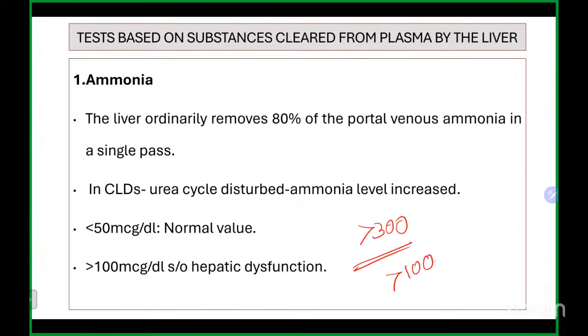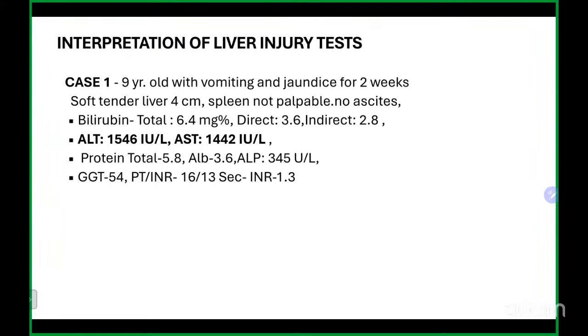More than 100 is definitely abnormal. 100 to 300 is a gray area, which can be a diagnosis like transient hyperammonemia of the newborn or transient metabolic problems giving rise to hyperammonemia. May not be a sign of urea cycle disorder. Okay, but more than 100 is definitely abnormal. So these are just for your exercise, so that you should know how to interpret them.